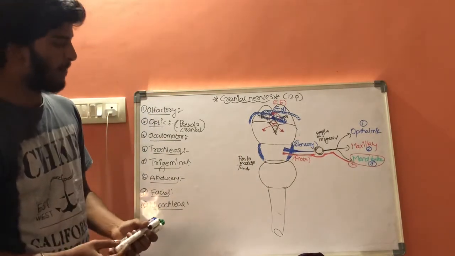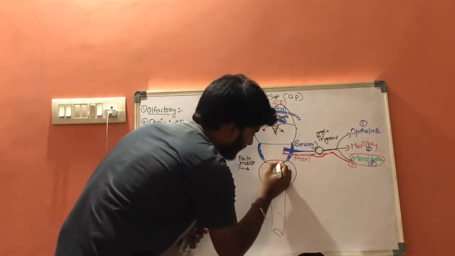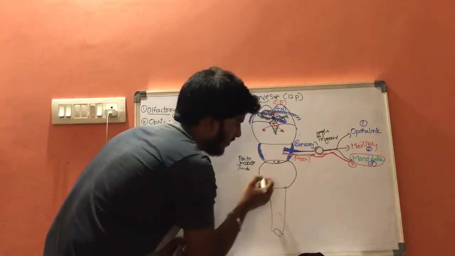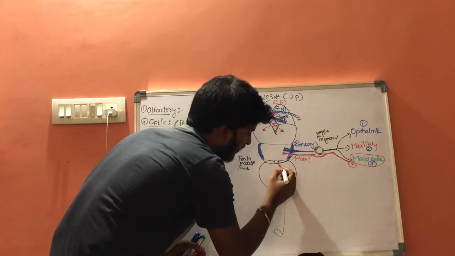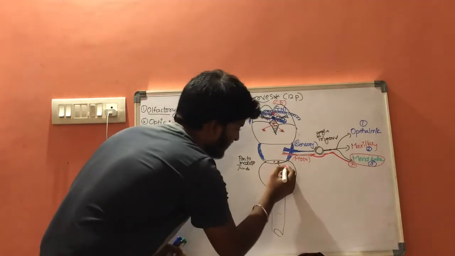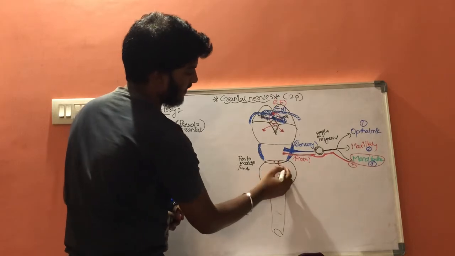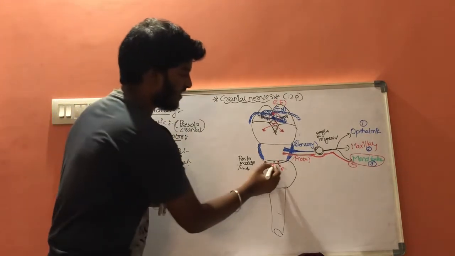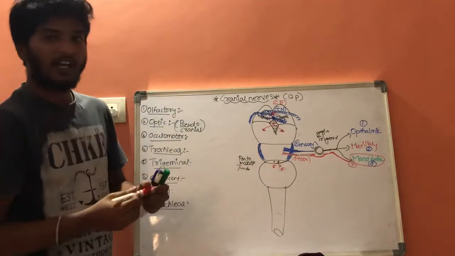From the center of this pontomedullary junction, the sixth cranial nerve arises.